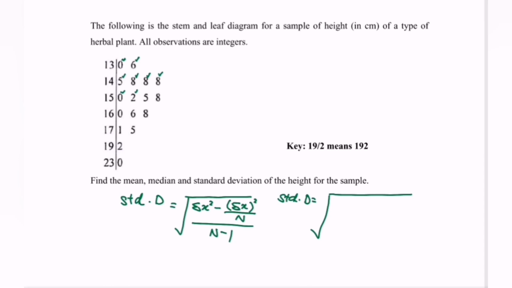So we will have the answer 447,736 minus bracket 2732 bracket squared over 17, over 16. So the value for the standard deviation is equal to 23.3.